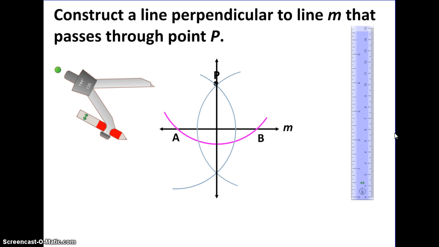So by construction we can say that this line here is perpendicular to line M and it passes through point P. I can move point P anywhere else and do this again. The process is exactly the same.